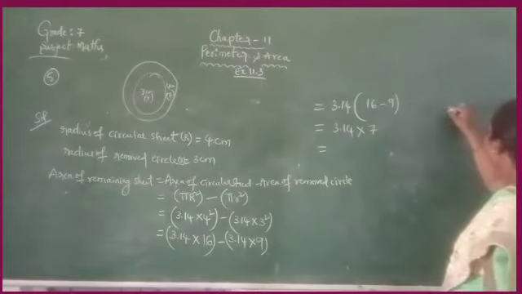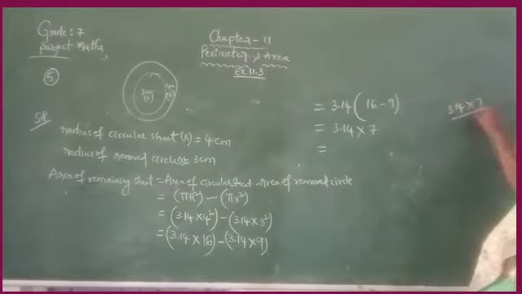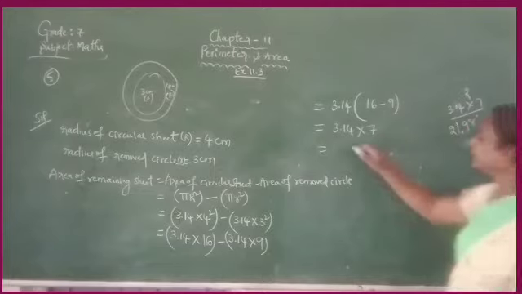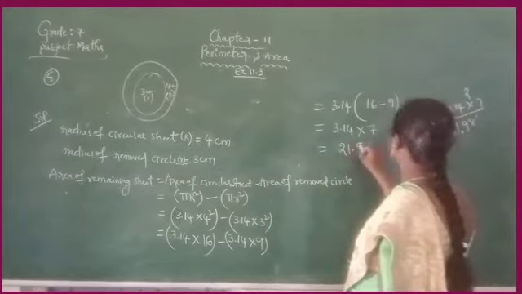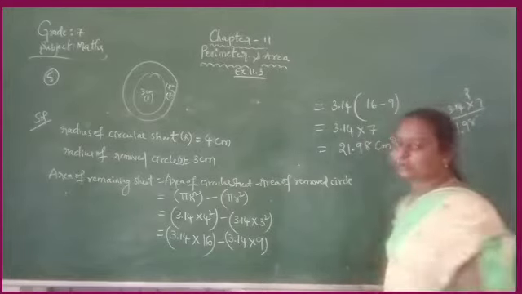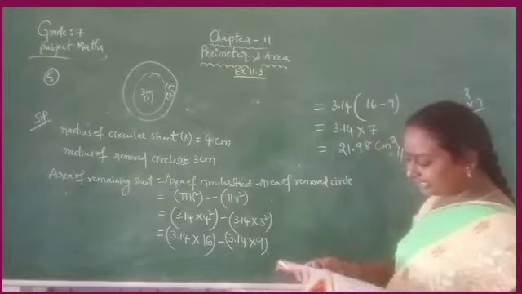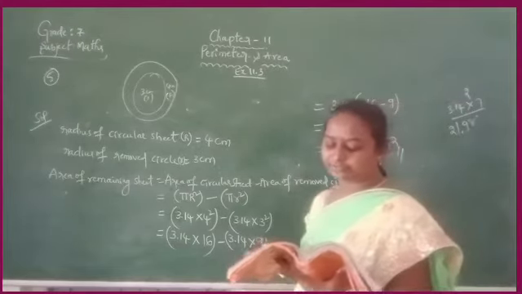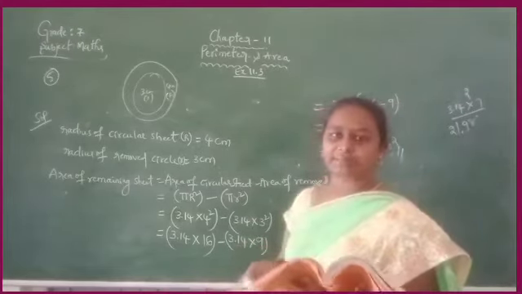So that is 3.14 into 7. 7 4s are 28. 7 1s are 7 plus 2 is 9. 7 3s are 21. Where we have to keep the decimal, 2 digits before. That is 21.98 centimeter square.